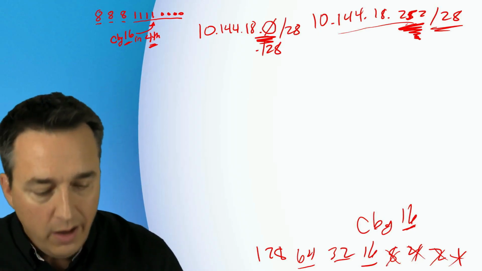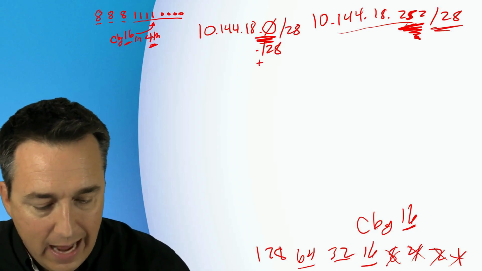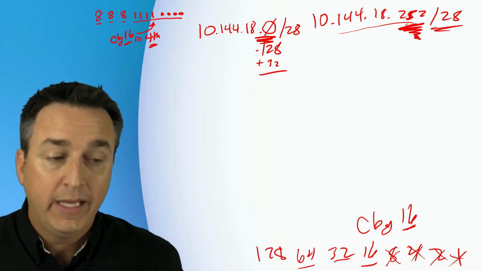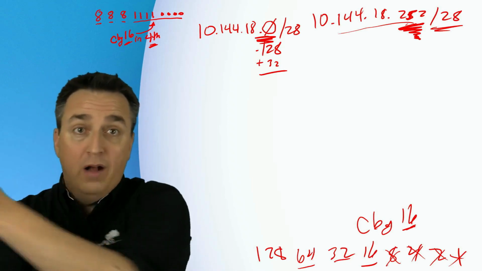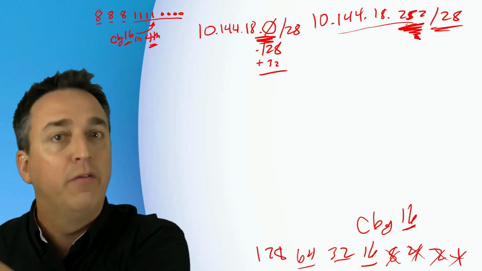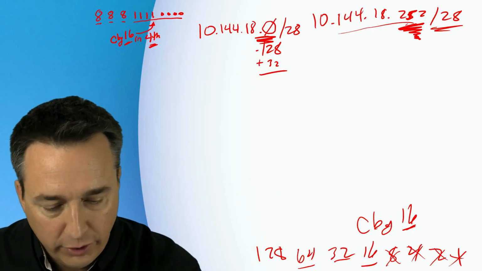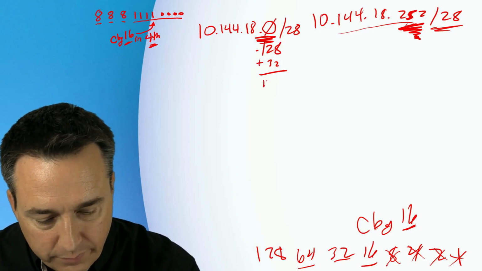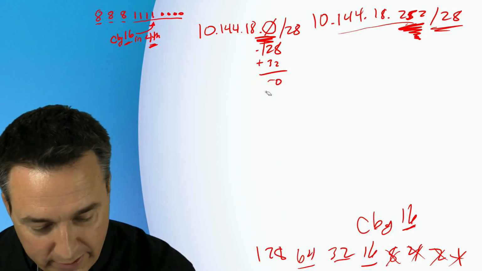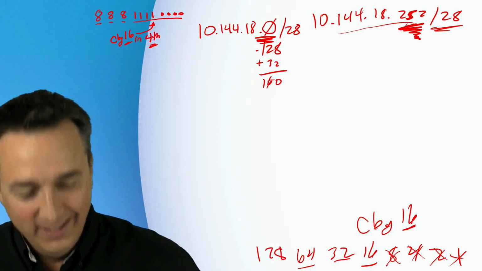It means that I could technically add right now another 32 if I wanted to, because it's still part of my counting by 16. So add another 32, and what do we got? We got 150 now, is that correct? Nope. Oh, 60. Sorry. We got 160.